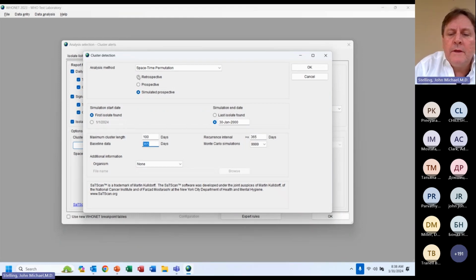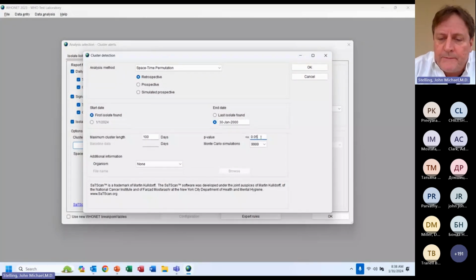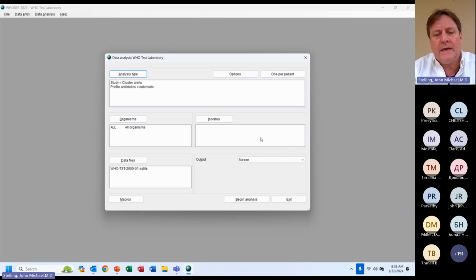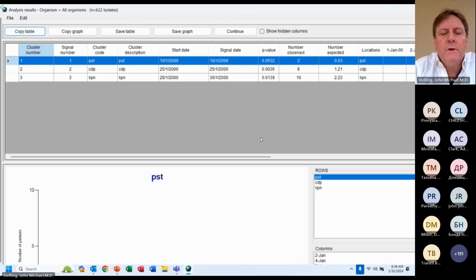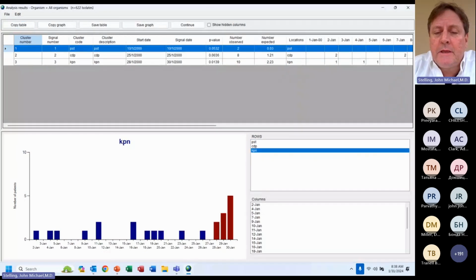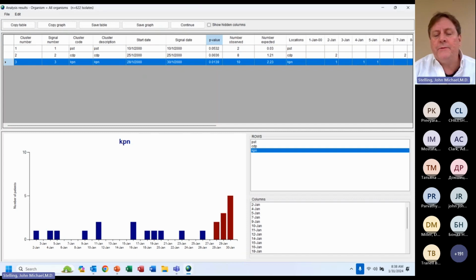I will now look at the p-value question. The p-value by default for a retrospective analysis is 0.05. I'm going to put something very high, p of 0.5. That's a very high p-value. And let me rerun the analysis, begin the analysis. When I ran this before, you saw the Klebsiella pneumonia with a p-value of 0.0139.